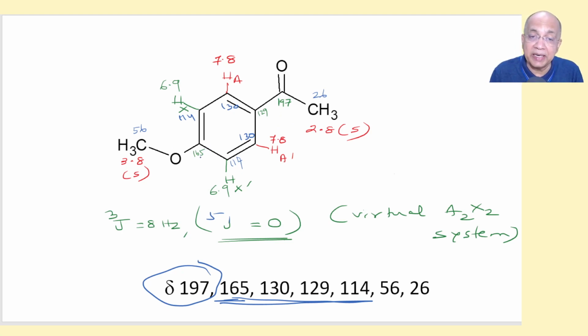So you will find the maximum deshielding occurs here. It's not by +M, it is by the -I effect. It is deshielded here, and this is deshielded by the resonance effect. So they are added up to 165. And you will find that this carbon is 129. The prediction is almost 100% matching with the actual value given in the data: 130 for these two equivalent carbons and 114 for these two equivalent carbons.